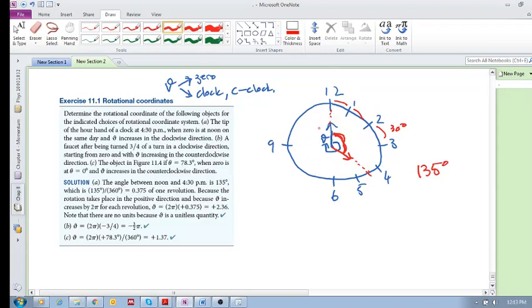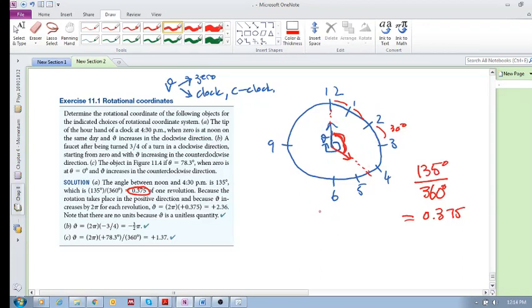But what percentage is this of an entire revolution? An entire revolution is 360 degrees. So if we divide by 360 degrees, we will get 0.375. So this is 0.375 of a revolution.